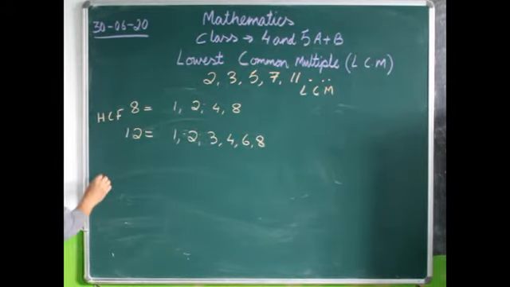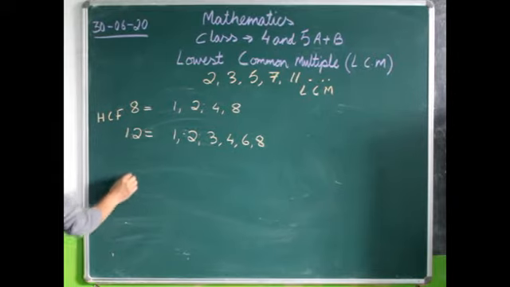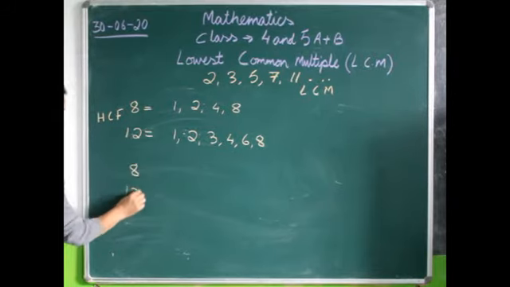Now, this is HCF style. I'm just showing you as an example what they mean, because one means highest common factor and the other one lowest common multiple. Now 8 and 12.